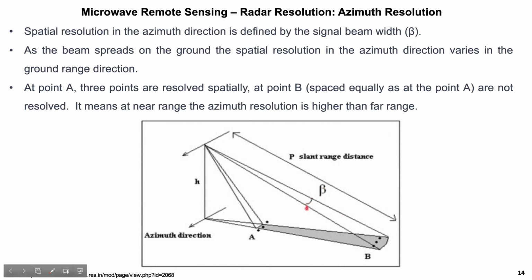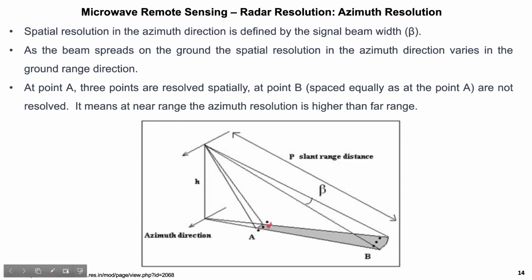As I told you earlier, your beam is going to span away from your sensor and cover a certain part of the ground, and it's going to be different at the near range and different at the far range. So as the beam spreads on the ground, the spatial resolution varies in the ground range direction.